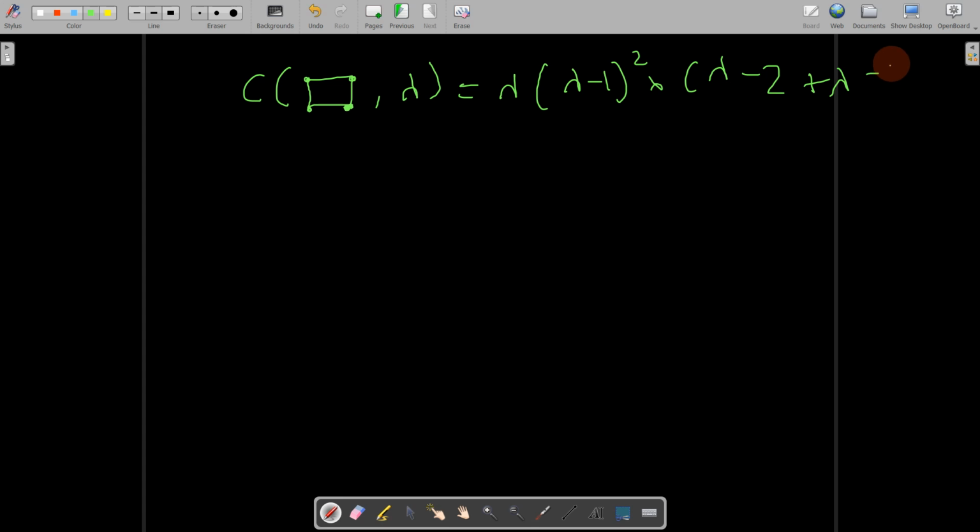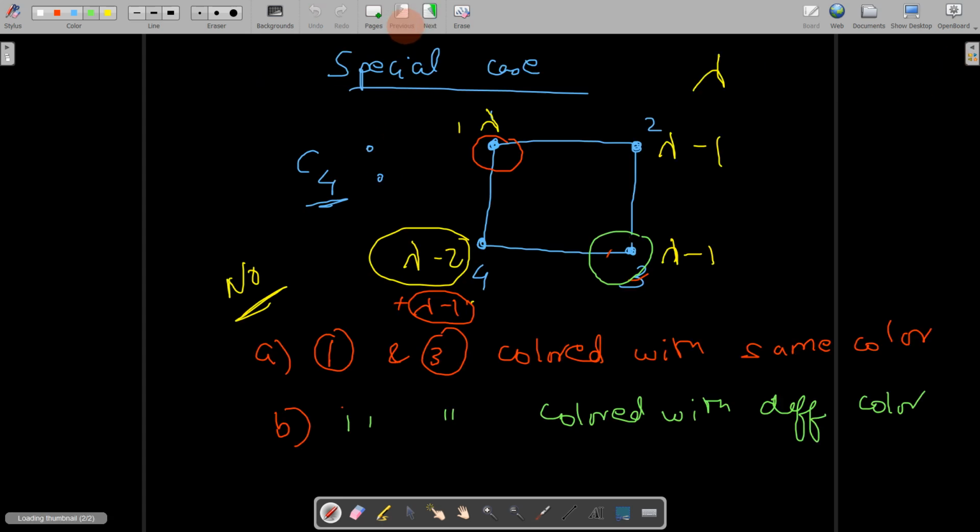So this is the polynomial, and can we convert it into a recurrence relation?